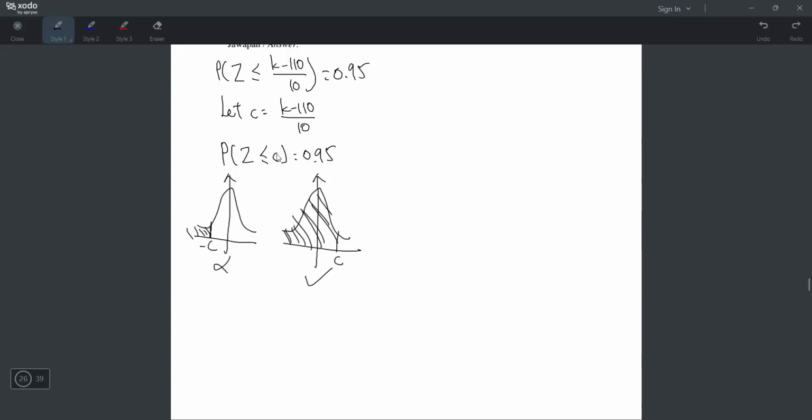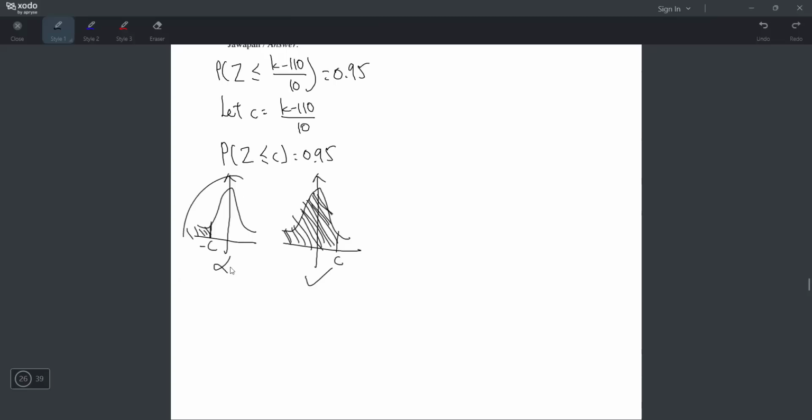But if C is positive, like now, what method will you do? You will take 1 minus, because your shaded region has already crossed over the y-axis like this, you will take 1 minus, right?